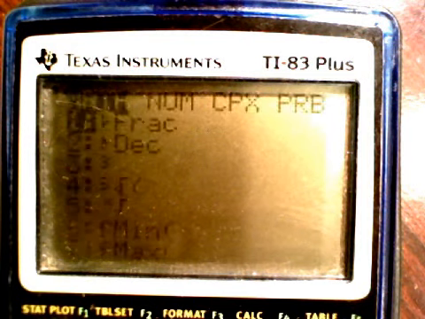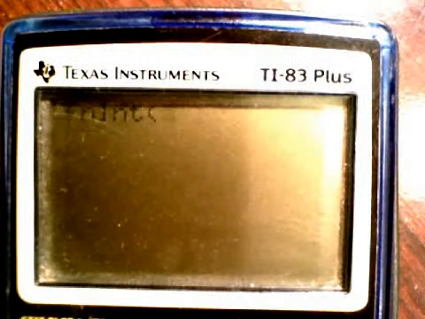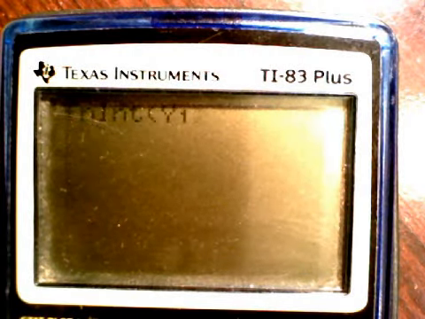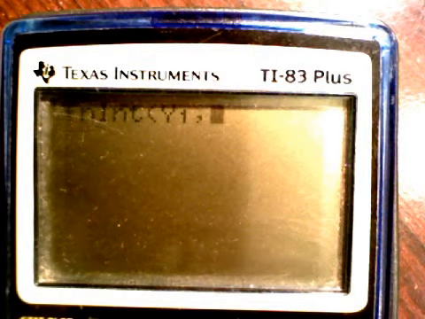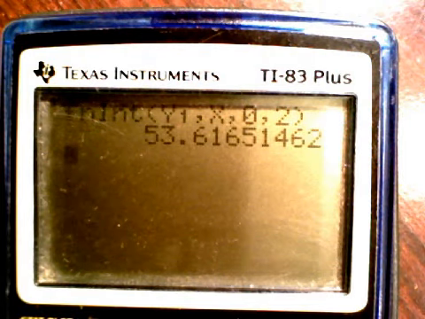Quit that screen, and then go to your Math 9. Math 9, that's your bread and butter. FNINT, we're going to evaluate the definite integral of y1. By now you should be getting pretty good at that. Comma x, comma, and then the limits of integration, 0 to 2. Go from 0 to 2, and you get 53.617.